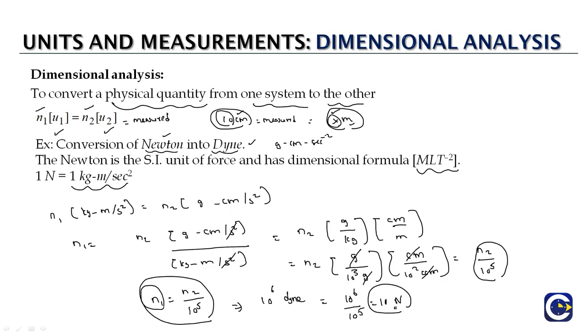This is the conversion for Newtons into dyne, and this approach can be taken to convert any physical quantity measurement from one system to the other system. The idea is that the measured value in any system multiplied by the unit value will be equal to the measured value in another system multiplied by the unit value in that particular system. So this is the approach to convert Newton into dyne or dyne into Newton.